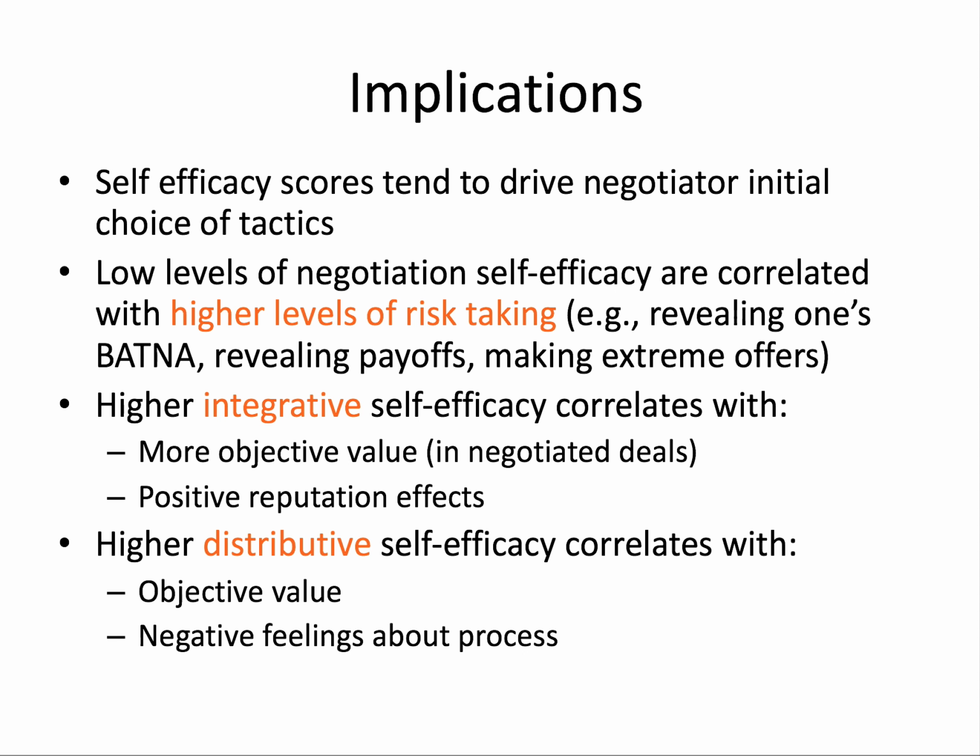So if you have low self-efficacy on both sides of the negotiation, the integrative portion and the distributive portion, you will be more likely to do things like reveal your BATNA or reveal your payoffs, make extreme opening offers, to do things that can be risky for you through the course of the negotiation.